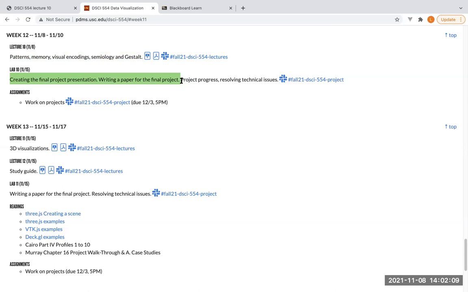So I'm going to ask that every group present a status update with some type of risk assessment and an updated timeline, so that we know that we're on track.